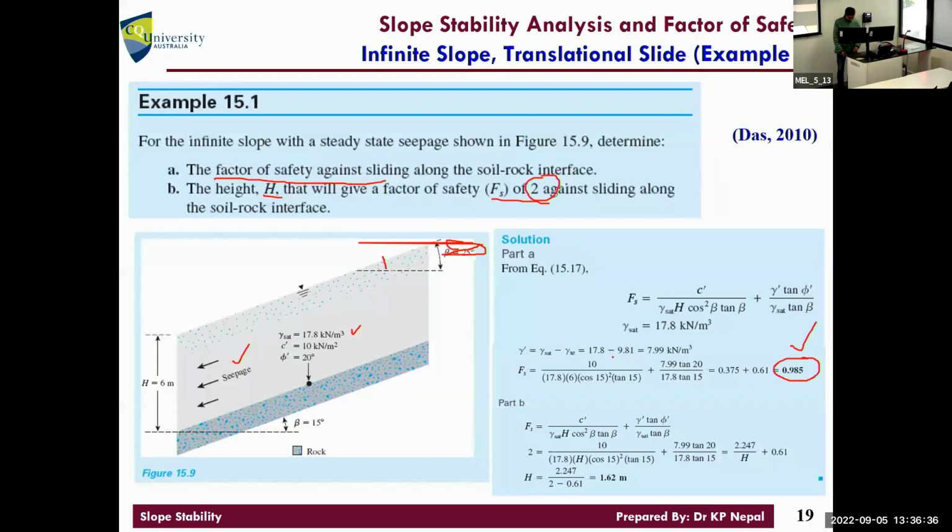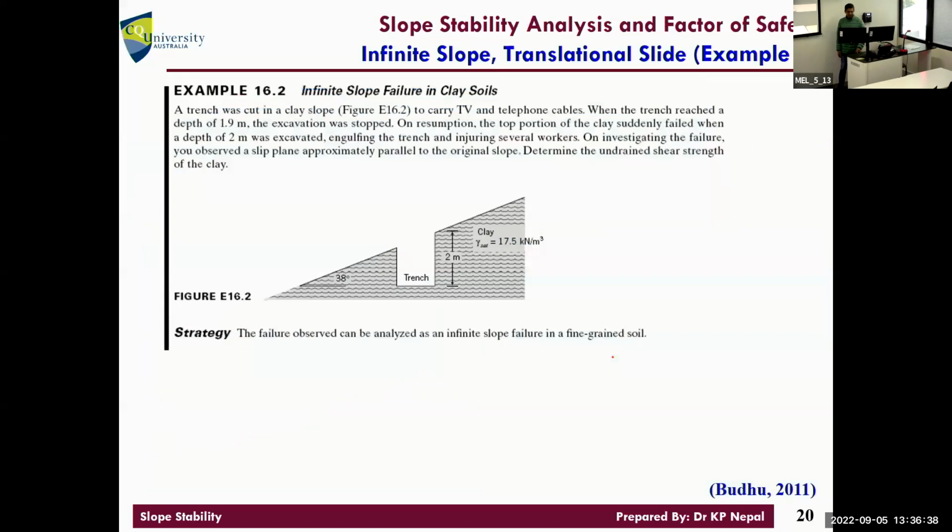All right, so now can you calculate the second equation? Can you solve this by yourself? Read the question carefully. Trench cut in a clay slope, right? That means phi is 0, only the C value. A trench in a clay slope and two TV cables.